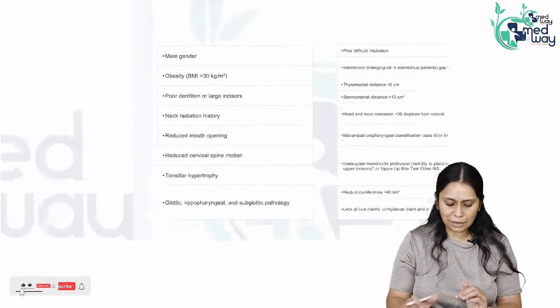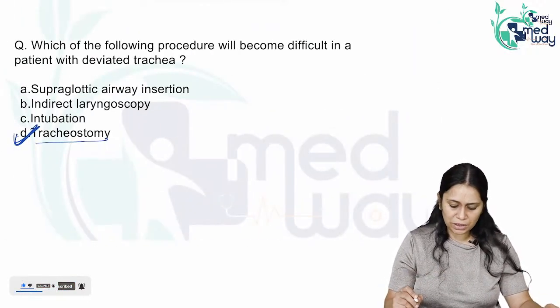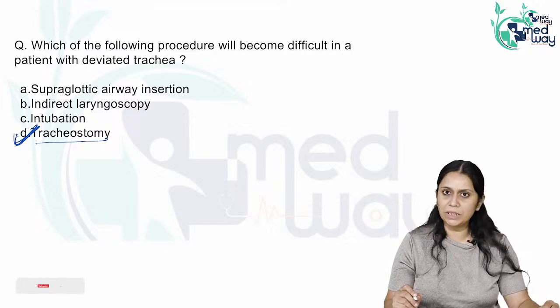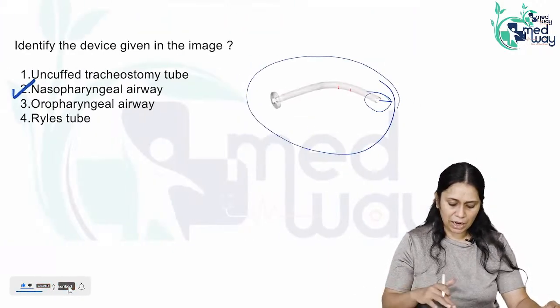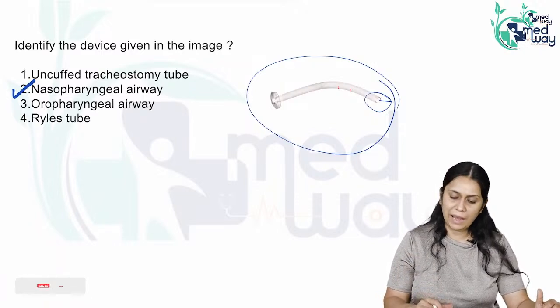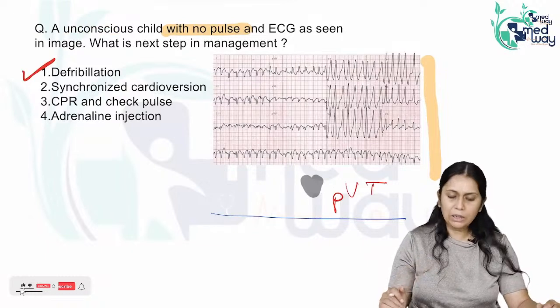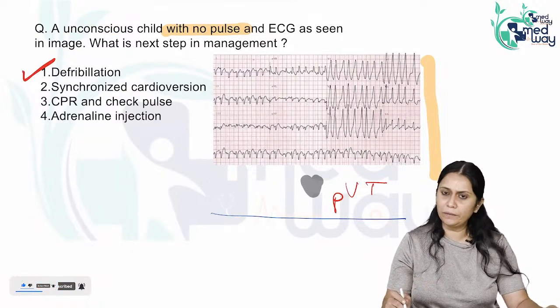So these were the important questions which were there, right? So let us repeat all the answers. Which of the following procedures would become difficult in a patient with deviated trachea? Tracheostomy. Next question, image-based question. Identify the device given in the image. Nasopharyngeal airway. Then unconscious child with no pulse, following ECG, what will we do?